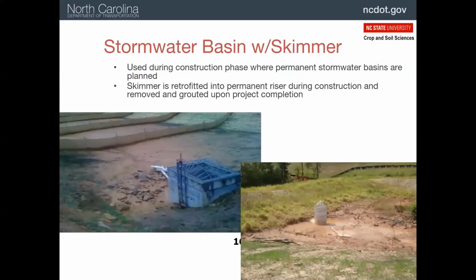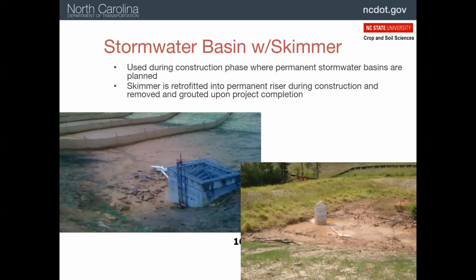So we saw a picture earlier of how we can use a stormwater basin as a skimmer basin temporarily. So the concept here is pretty simple. We have a lot of places where the drainage from the roadway has to be controlled, and so they would build these big storage ponds or stormwater ponds, and these are intended to hold the water and slowly release it into the stream safely without eroding the stream.